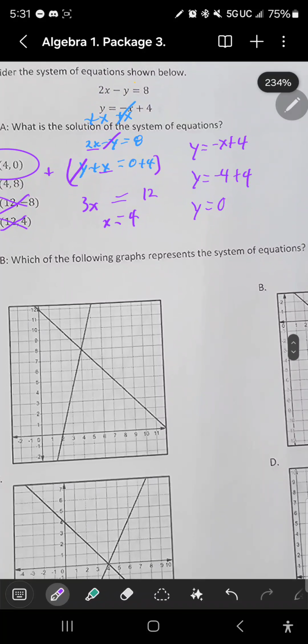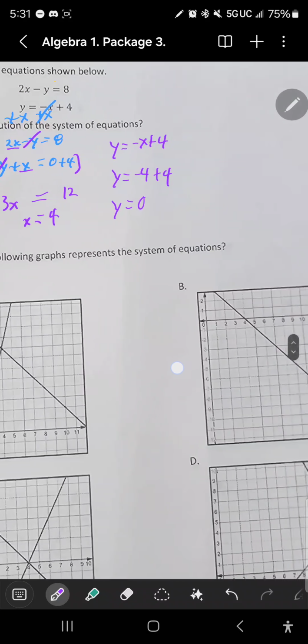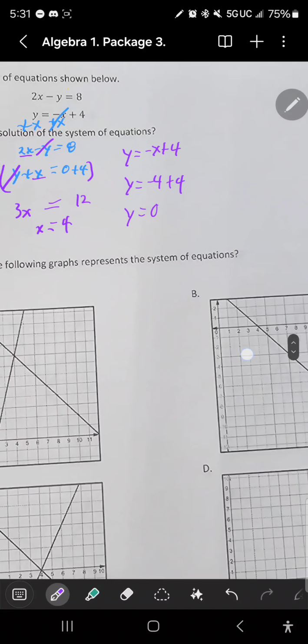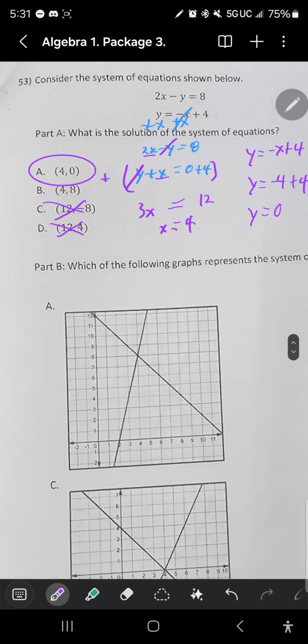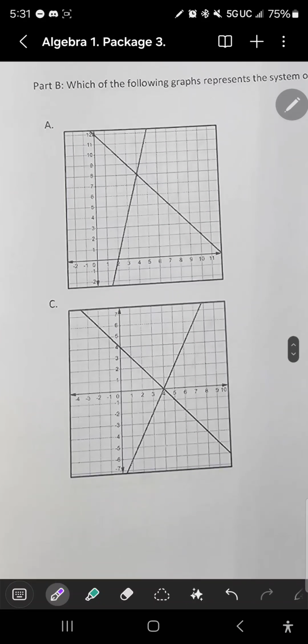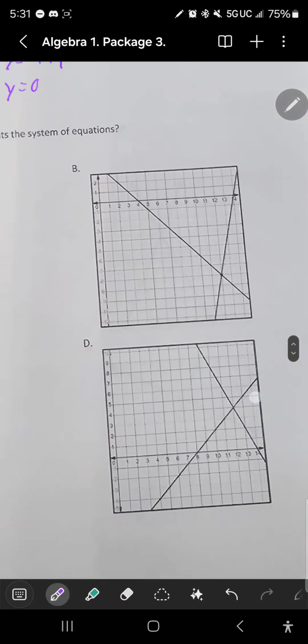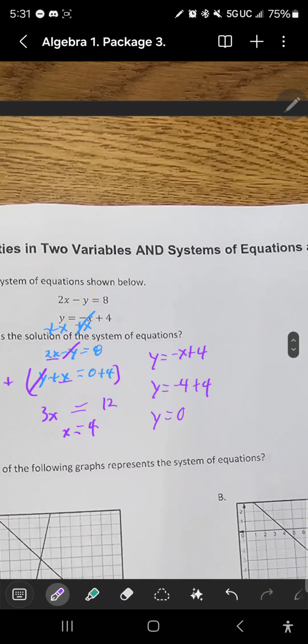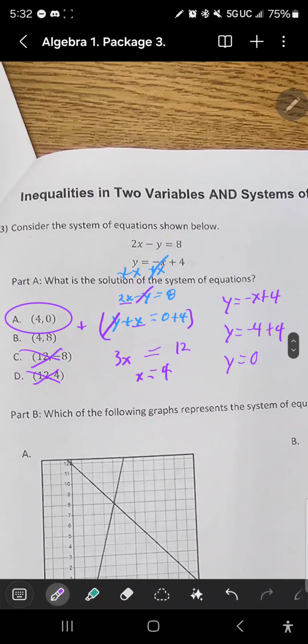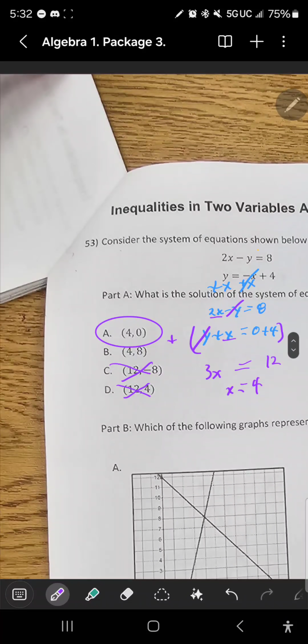Now, which of the following graph represents the system of equations? Okay, something that I want you to know is that the solution for the two equations, like in this case 4 comma 0, is the point in which the two equations intersect with each other.